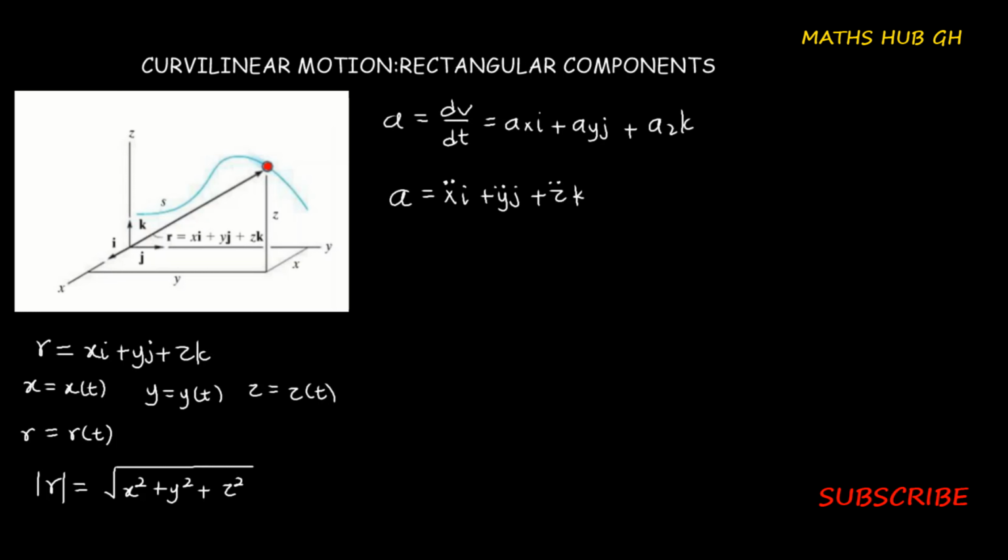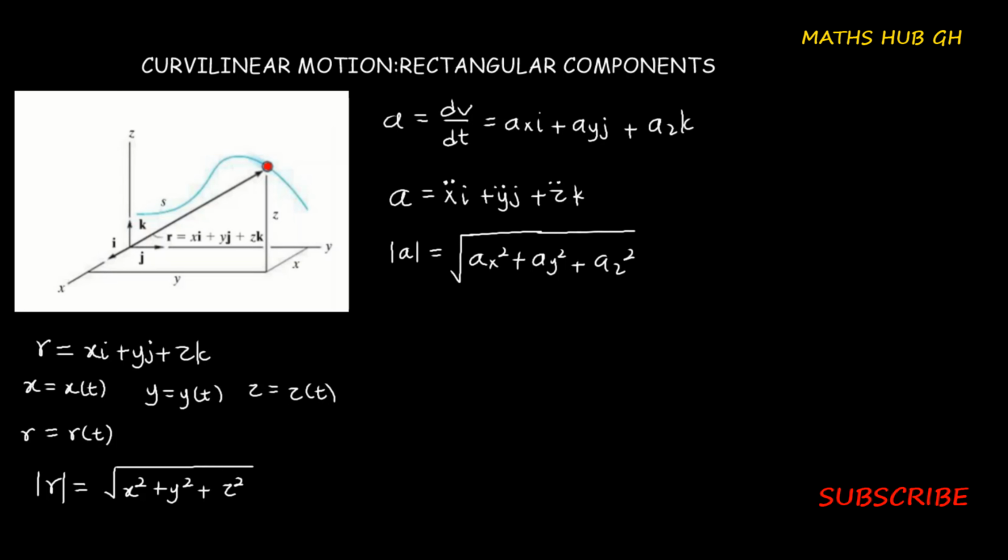Okay, so to find the magnitude of the acceleration vector, we're going to use the expression square root of ax squared plus ay squared plus az squared. Okay, so when you do this, you're going to get the magnitude of the acceleration vector.